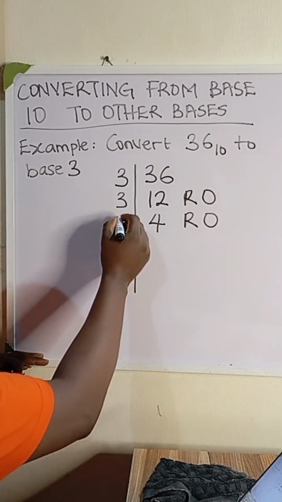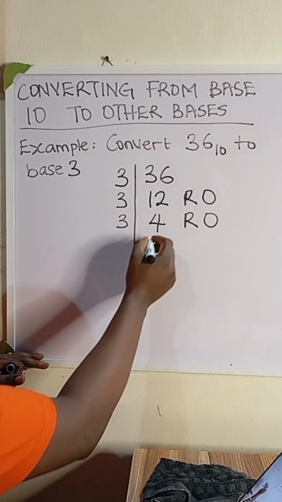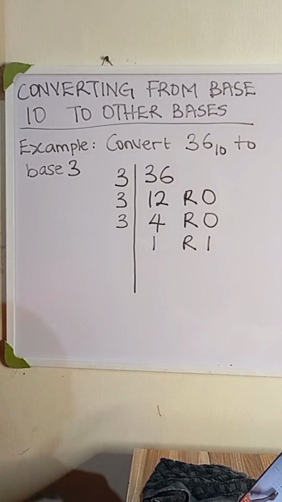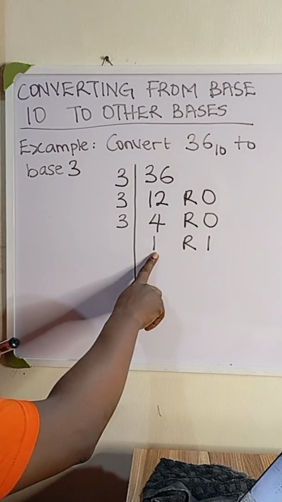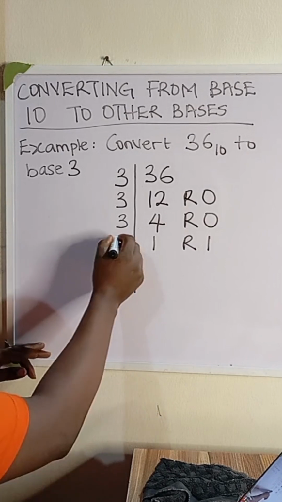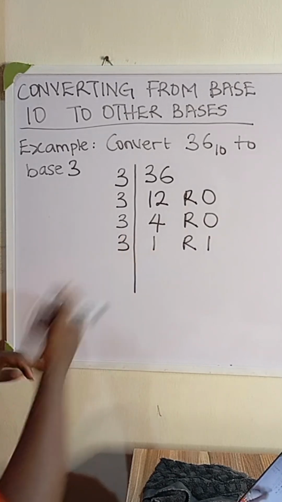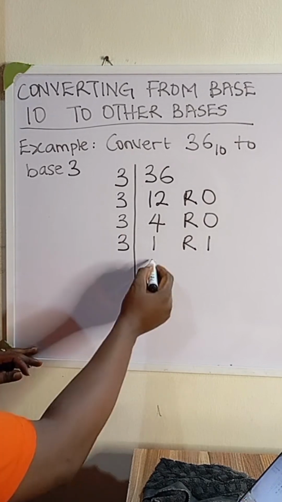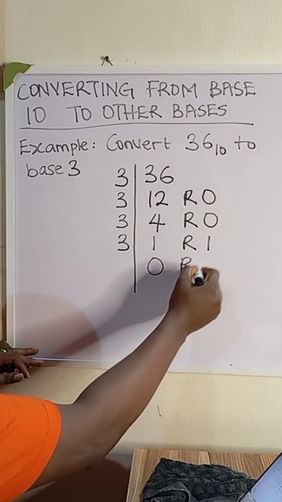We divide again by 3. 4 divided by 3 gives us 1, remainder 1. And then we've not gotten to the last point, because this last digit has to be 0. So we divide again by 3. 1 divided by 3, there is no 3 in 1, so we have 0 and then remainder 1.